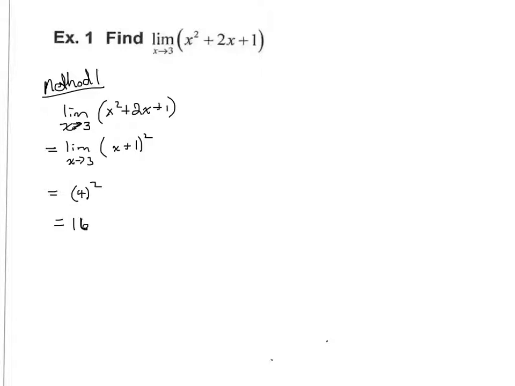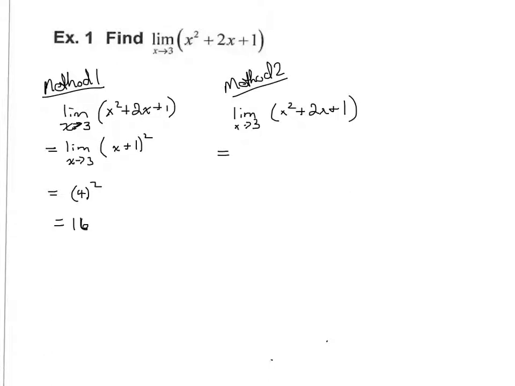Now we could, of course, use method 2, and think of it just as it's written to us. So the limit of x approaching 3 of x squared plus 2x plus 1, we can think of as individual parts.